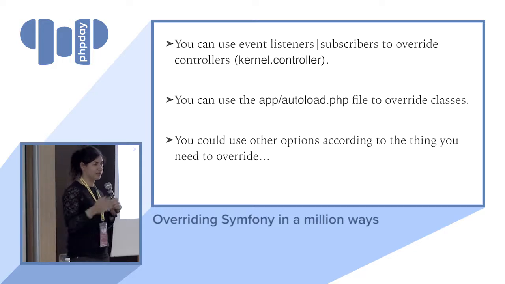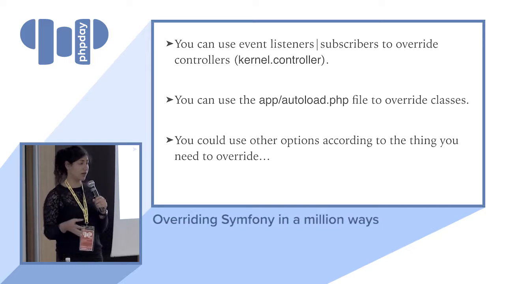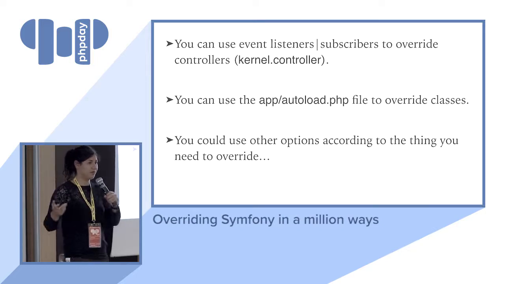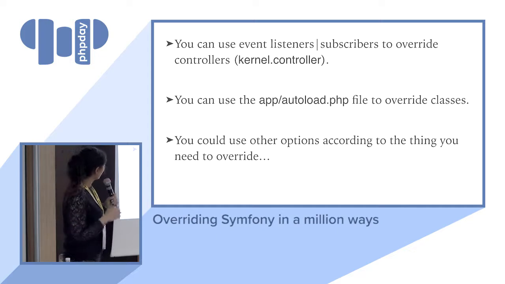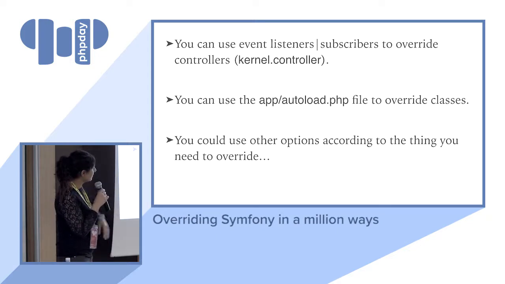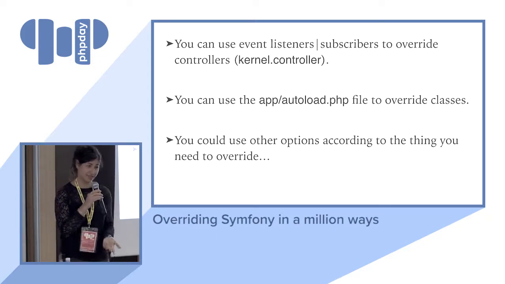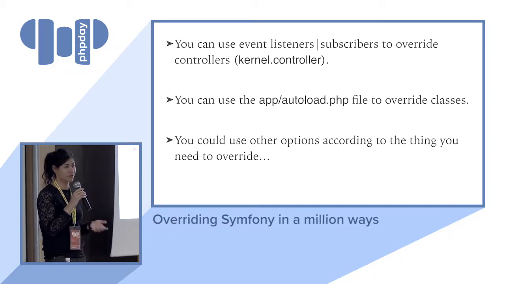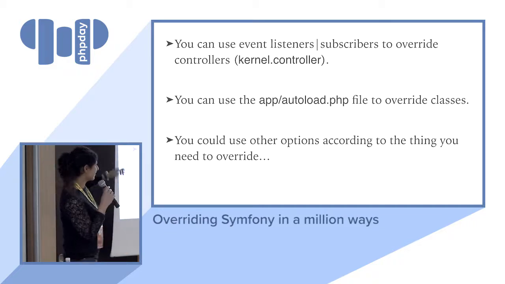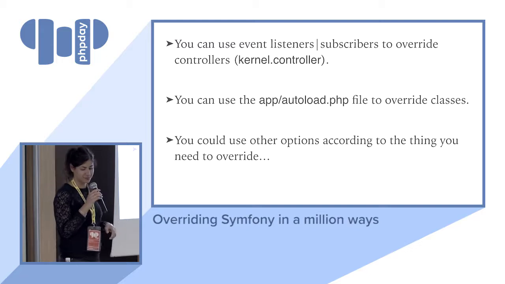And for people that don't know your code, it's like, where does it come from? It's like magic. But you can do it. So if you see something like that, just look at all the listeners. You can also use the app/autoload.php file to override classes. I don't recommend that, but if you are looking for a bug somewhere, it can come from this.